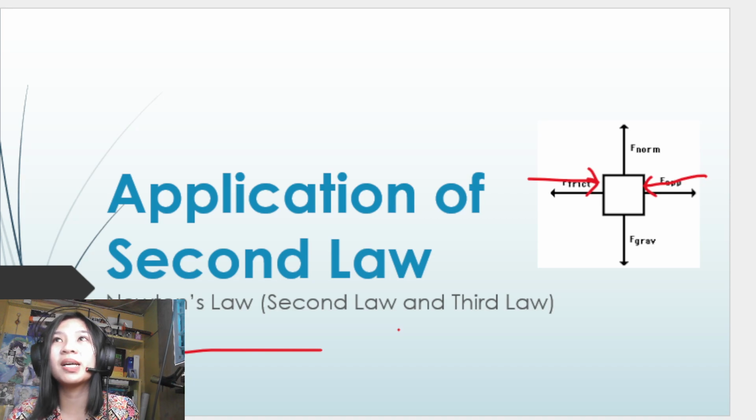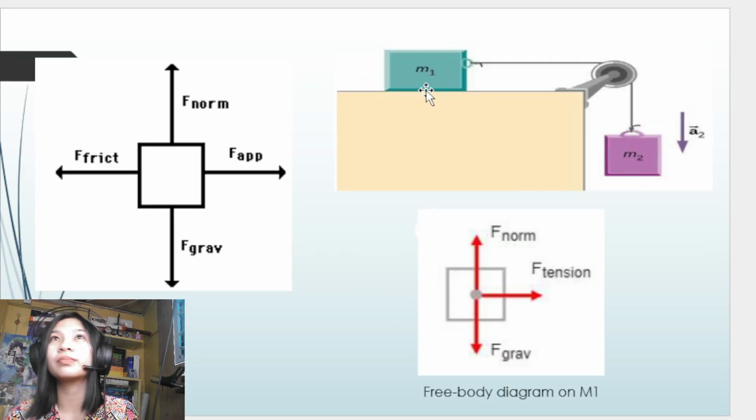But there are systems that are more complicated than the other examples we had. For example, this one. This is a system. We have two individual bodies, M1, or mass 1, and M2. Now with this kind of system, the motion of M1 will affect M2.